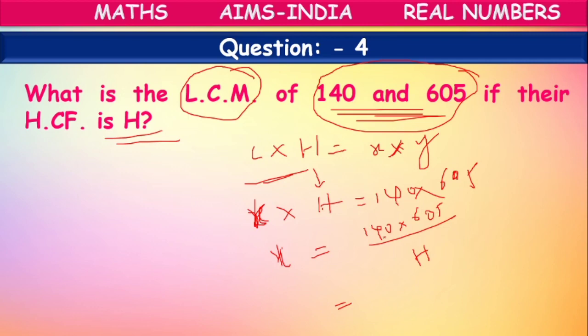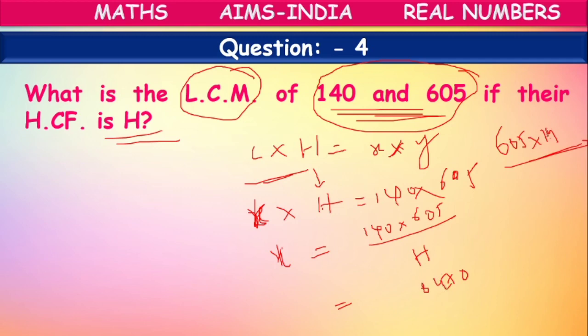Let's multiply 605 with 14. 14 5s are 70. We will keep 0, 7 is remaining. 14 0 times are 0 plus 7, 7 will come. 14 6 are 84. 84 will come.